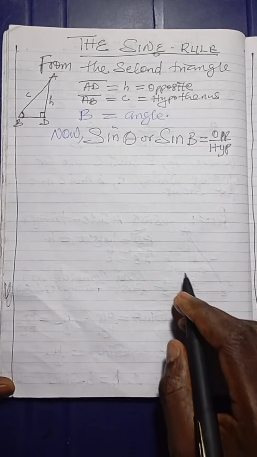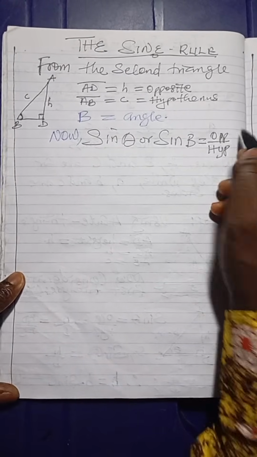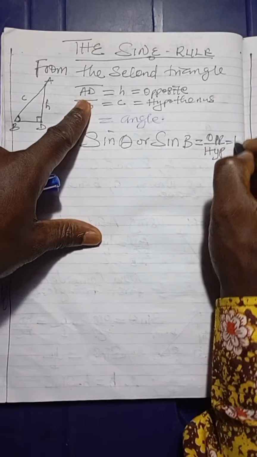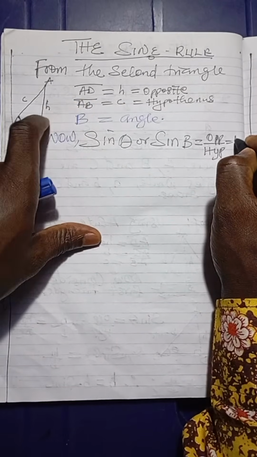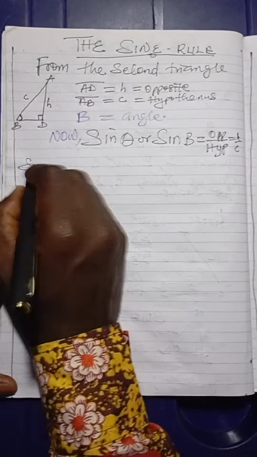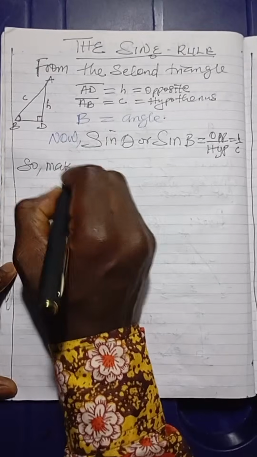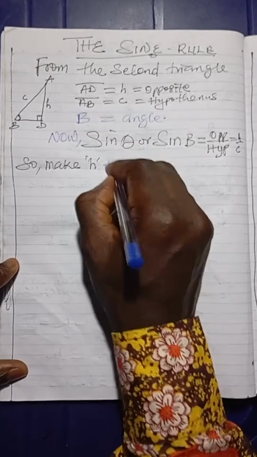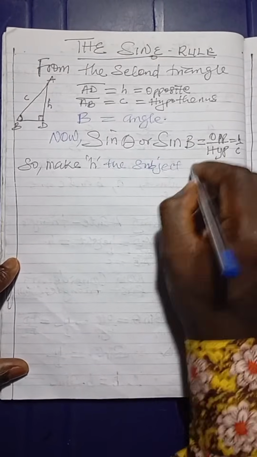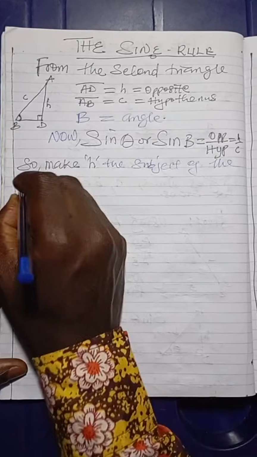All right, so let's proceed. And our opposite, as I have earlier said, is still H. Yes, H over C. So make H the subject of the formula.